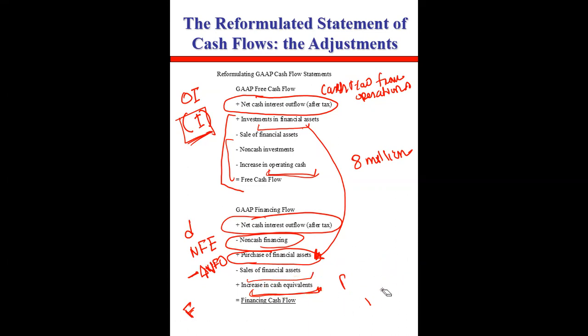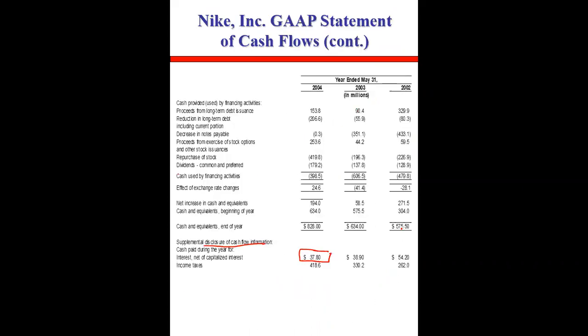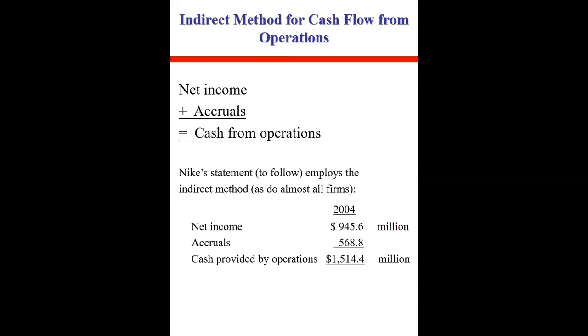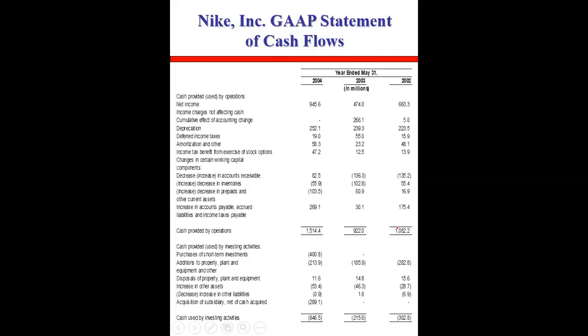Okay. So what we will do now, we'll look at the cash flow statement of Nike, and we'll prepare the reformulated statement of cash flows for Nike. Here it is, the standard cash flows for Nike. Okay. What we have seen in the very beginning, we will take the cash provided by operations.